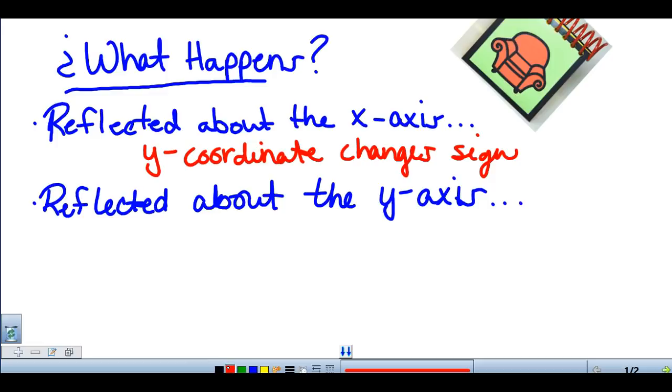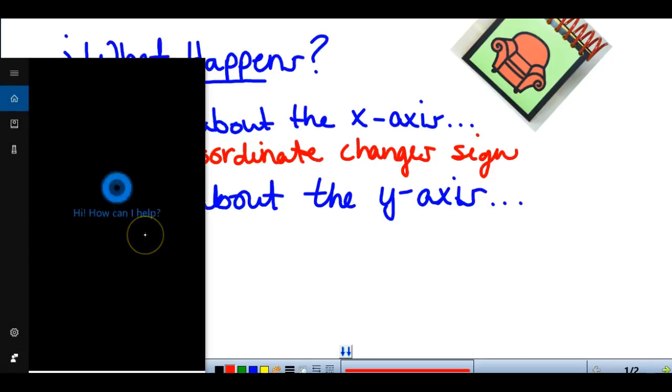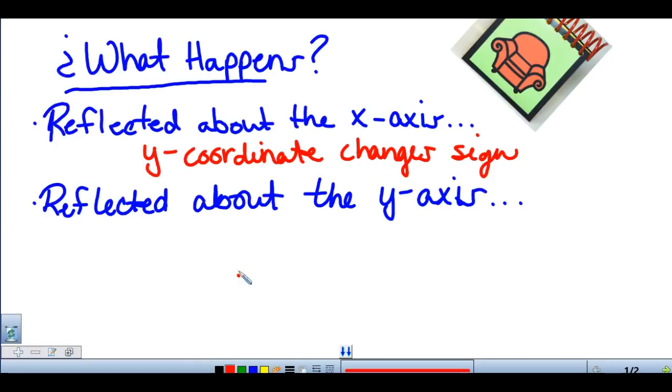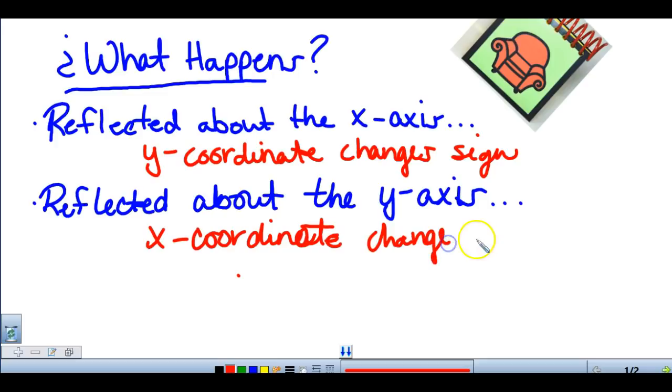I think we can figure out, hey, if it's reflected about the x-axis and the y value changes, then if it's reflected about the y-axis, the x-coordinate must change, and you would be correct. The x-coordinate is the value that changes signs. Okay? And once again, if it's negative, it becomes positive. If it's positive, it becomes negative. So that's what I mean by it changes sign.